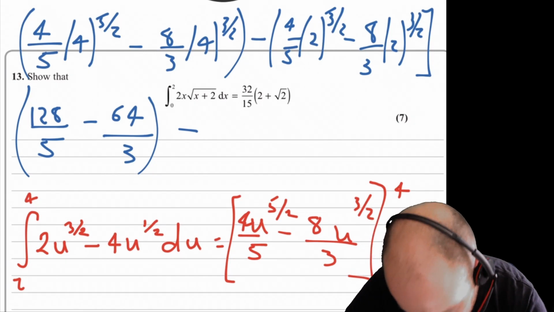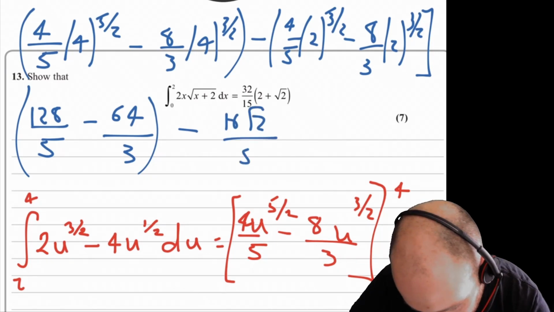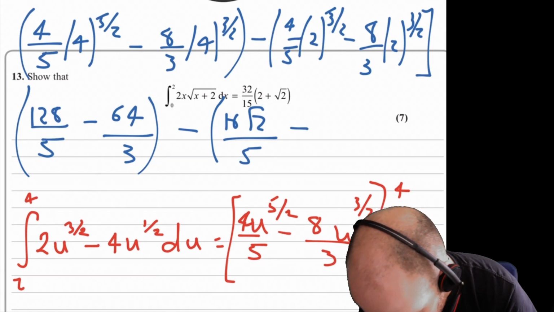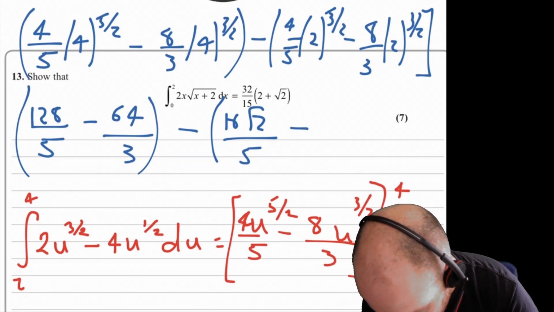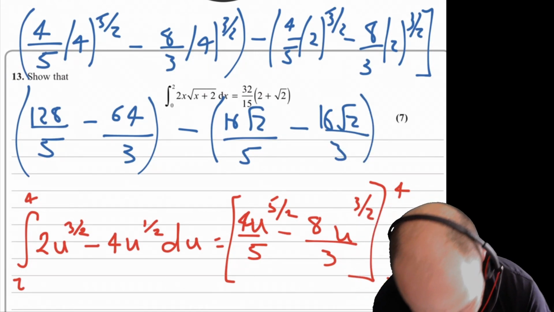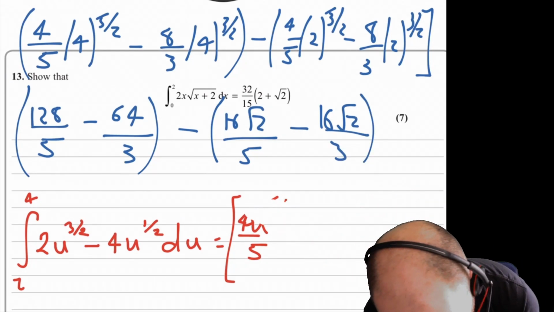Which is 16 root 2 over 5 minus 16 root 2 over 3. Okay, this isn't looking too bad.